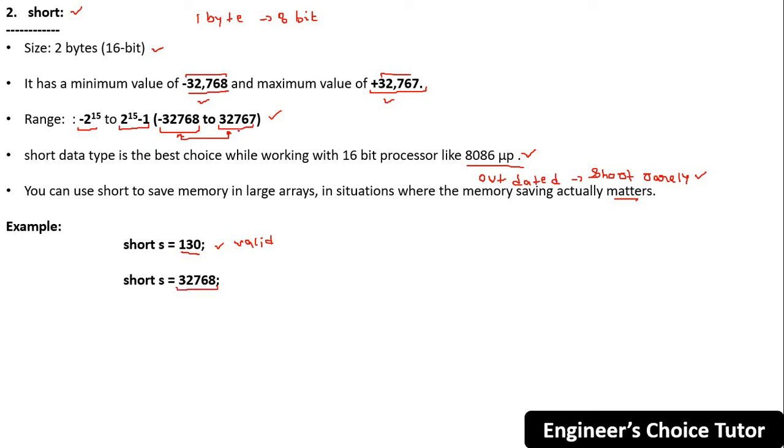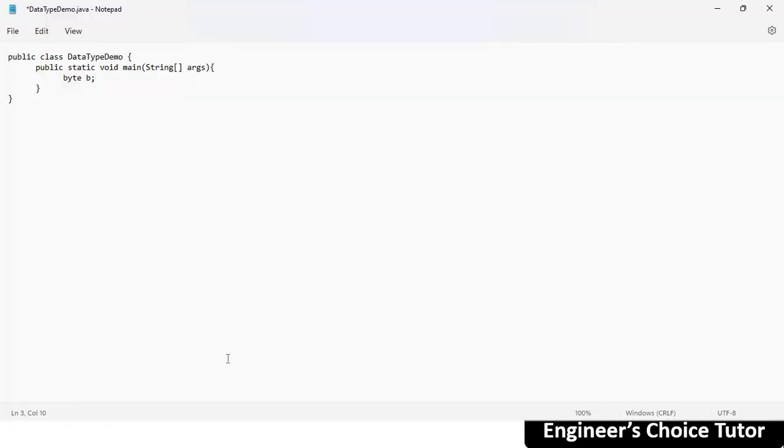But the maximum value allowed is 32767. So do you think it will work? Let's see. Go to this and type short s = 32768, right? It was 32768. Now save it.